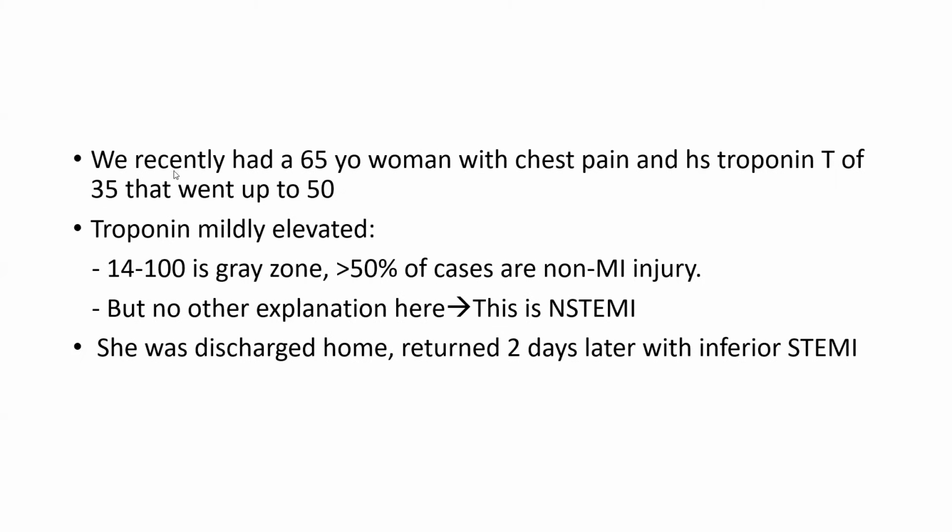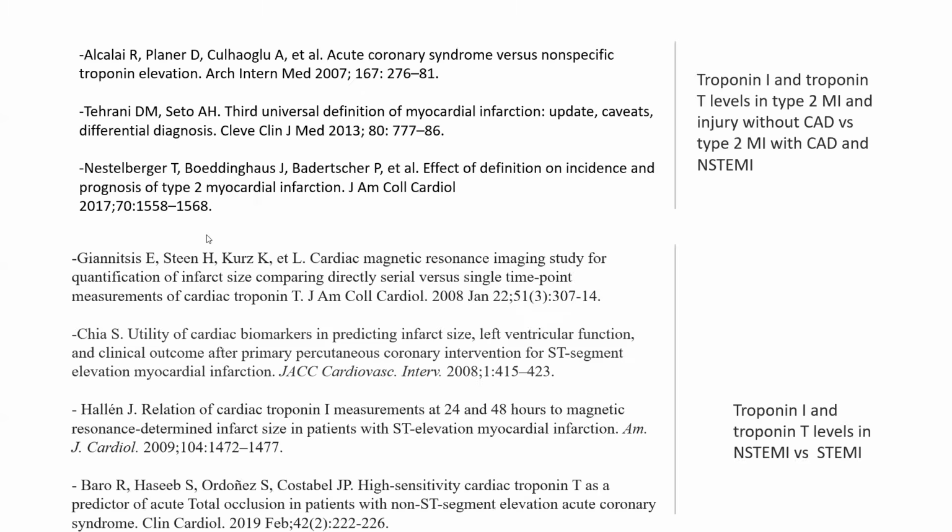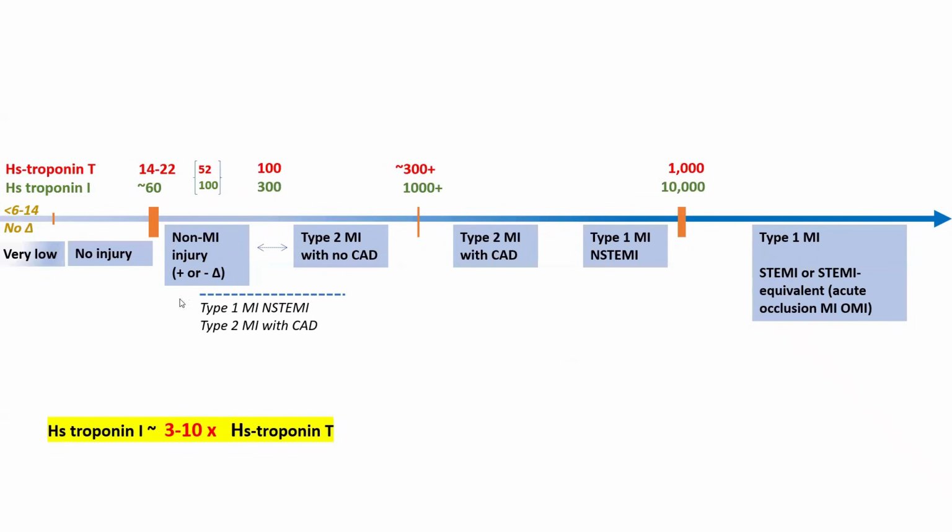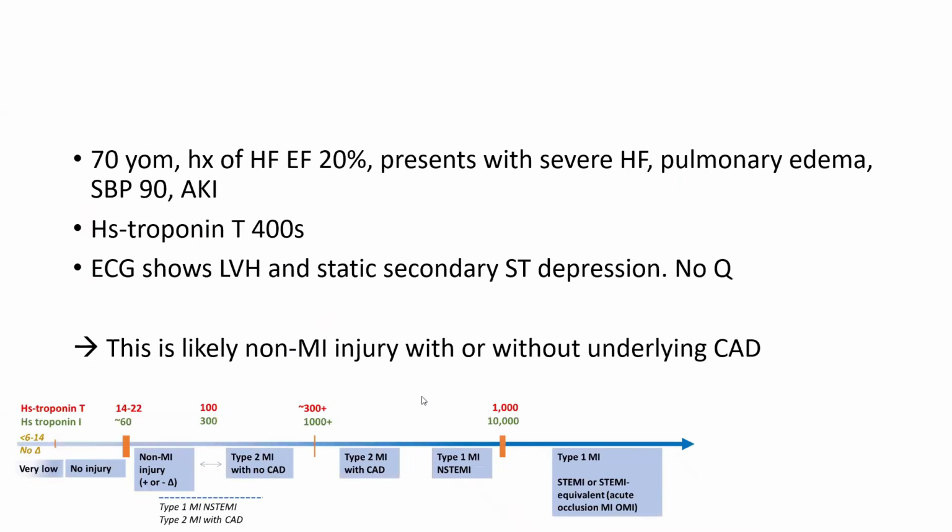This is non-STEMI, and she has a delta of over 20%. So this is a non-STEMI. Unfortunately, she was discharged home and she returned 2 days later with inferior STEMI. So use the context and the EKG, not just that zone. But this is a very helpful classification in context.